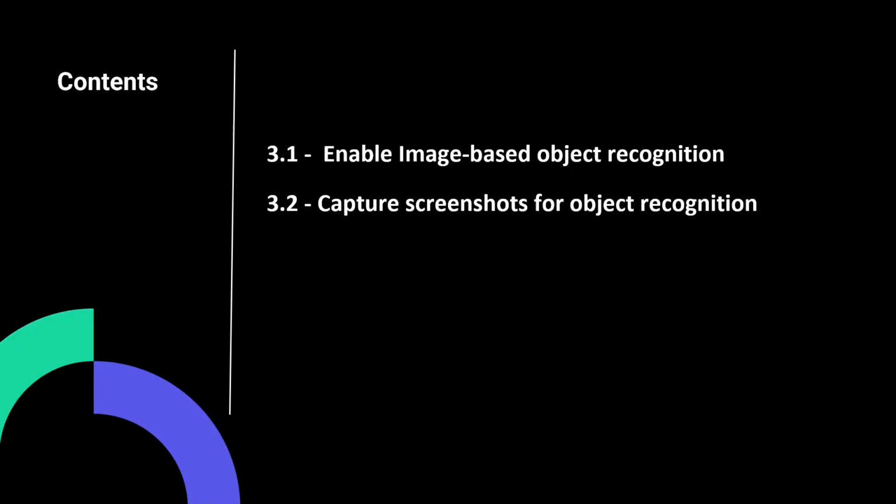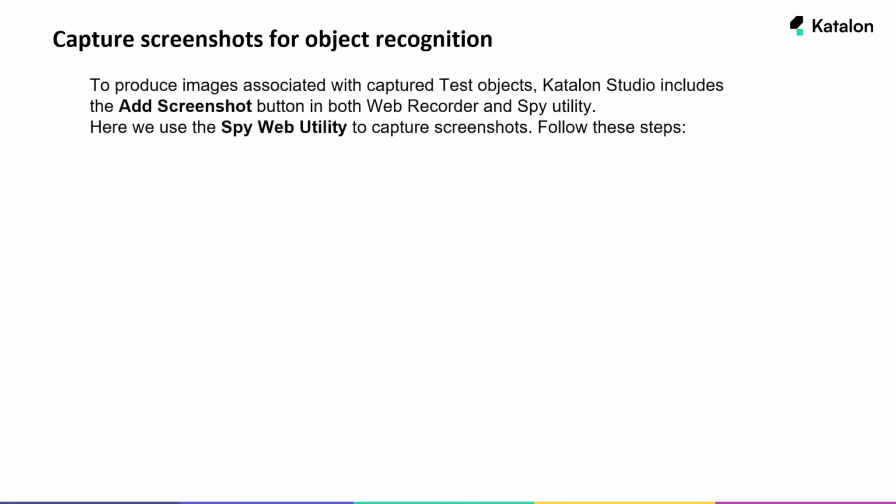As part of section 2 in chapter 3, you will learn how you can capture screenshots for object recognition and how you can use the screenshot to identify the object in Katalon Studio. To produce images associated with captured test objects, Katalon Studio includes the add screenshot button in both the web recorder as well as the spy utility.